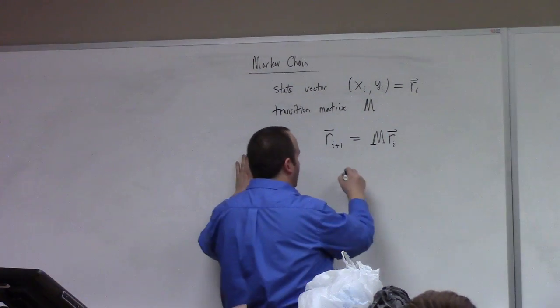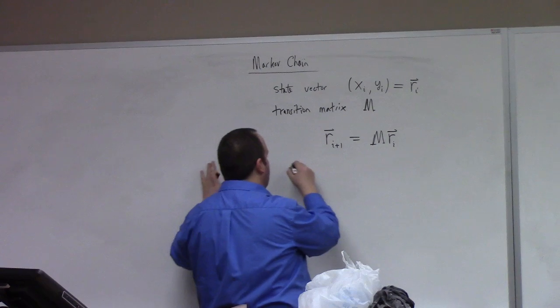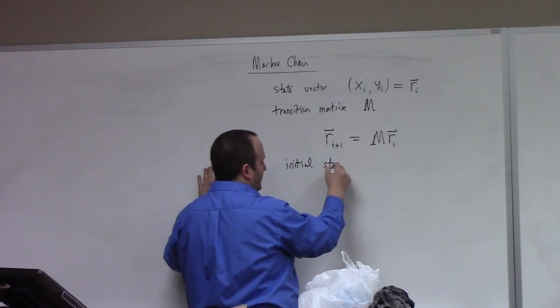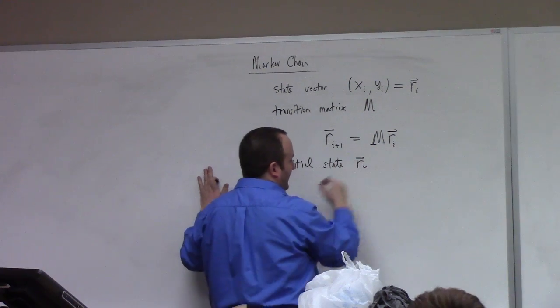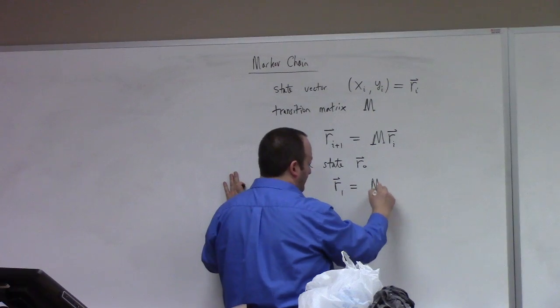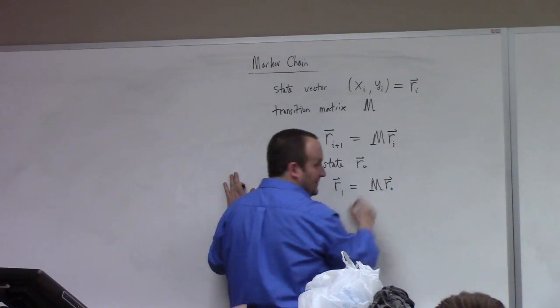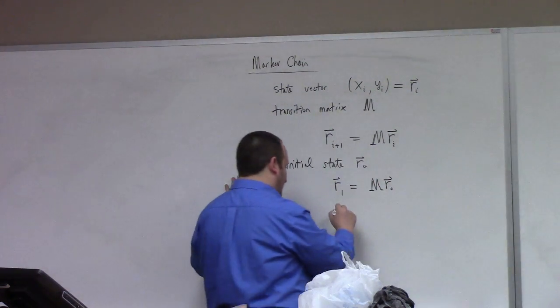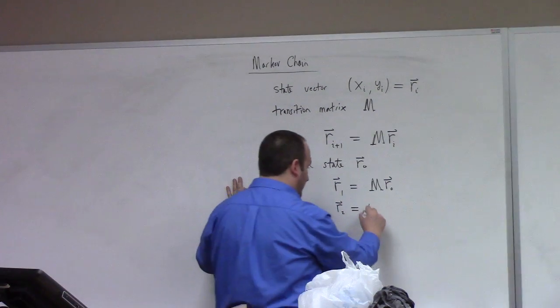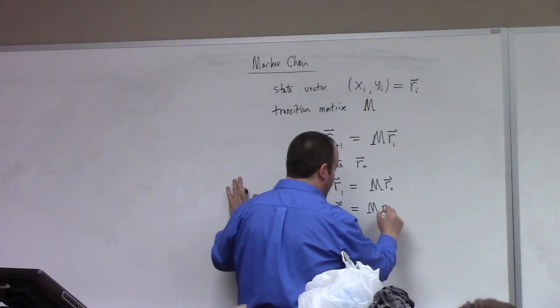So you start out with an initial state, which we'd call R naught. Then to find R1, you do M times R naught. And then to find R2, you do M times R1. But what is M times R1?